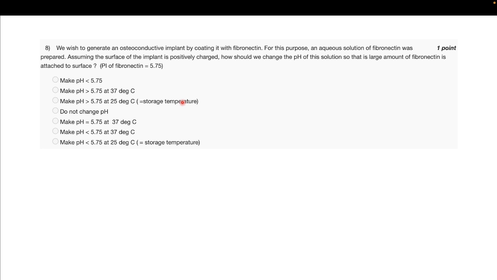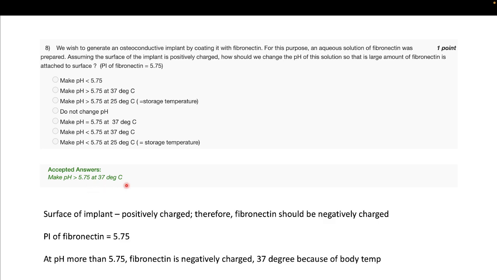Thank you for answering. Okay, let's look at the answer. The correct answer is you have to make your pH more than 5.75 but at 37 degrees Celsius. So you were partly right in your answer. But the option to choose here is you make your pH more than 5.75 at 37 degrees Celsius.